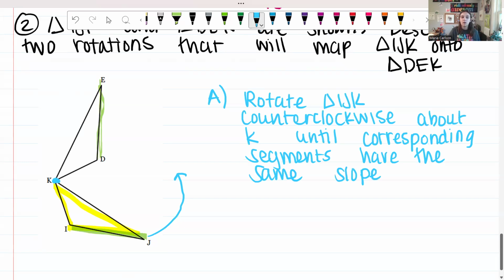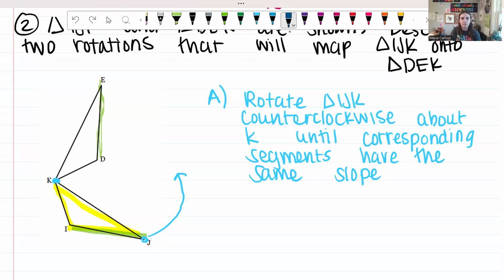Or until point J is on top of point E. But we don't necessarily have that drawing for reference. How do we turn IJK into that without even knowing DK is there?